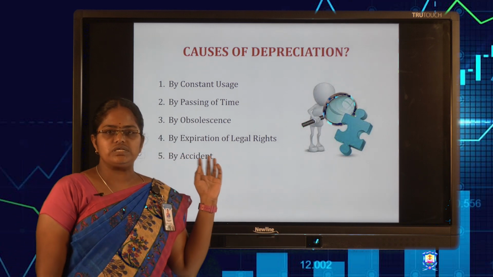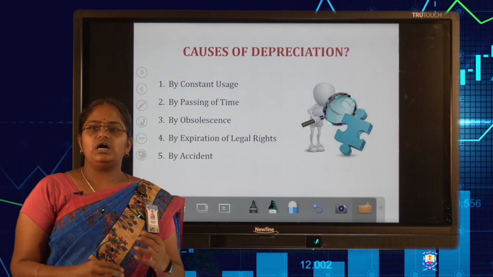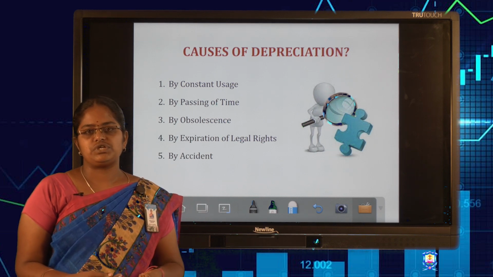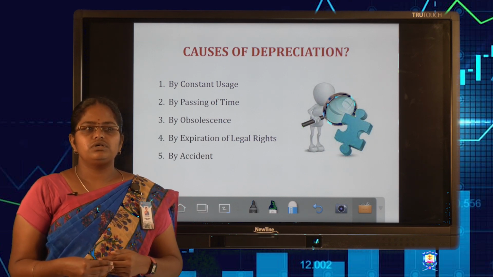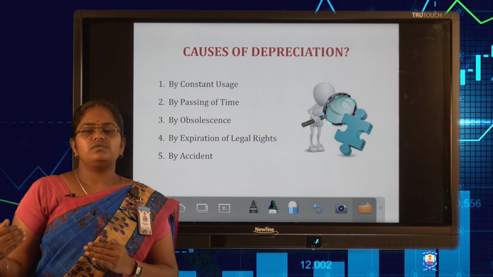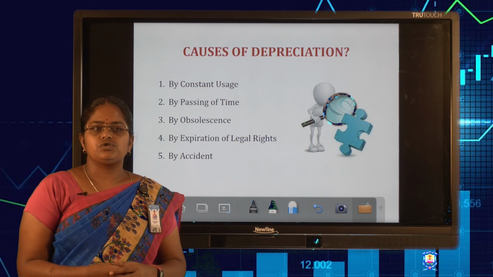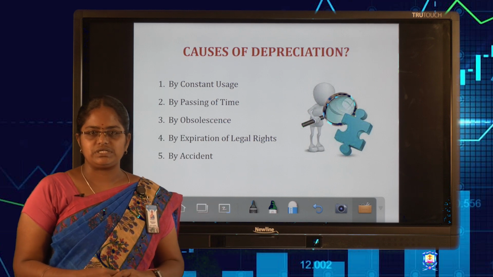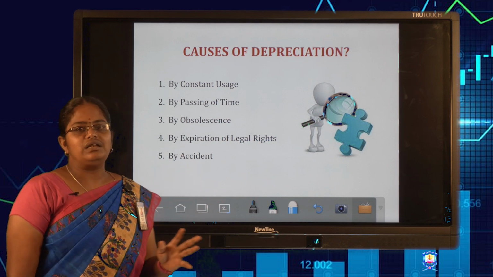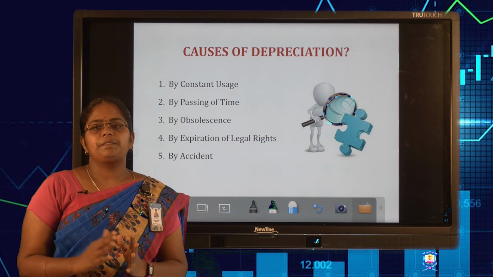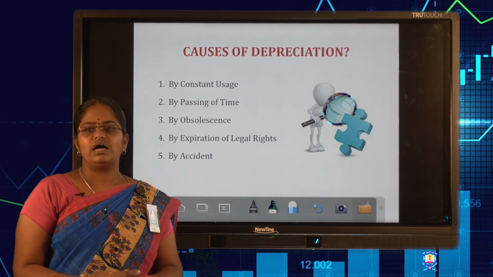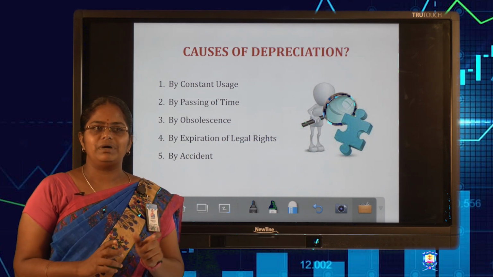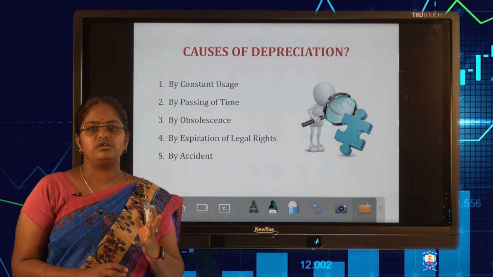Obsolescence. By obsolescence, some machinery or plant is outdated due to technology innovation. So we have to adapt the fixed asset based on rapid changes. Due to obsolescence, the fixed asset can be depreciated. By expiration of legal rights: some assets have legal rights to be used for a particular period of time, so for that period we have to calculate depreciation.